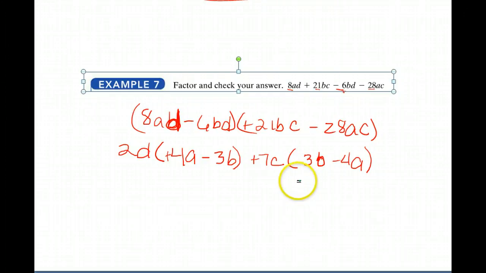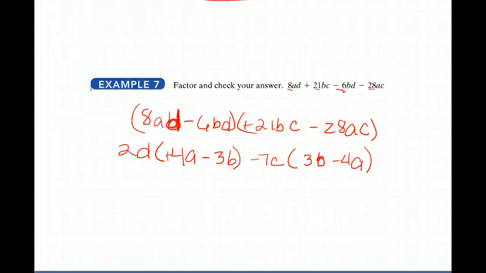It's not quite right. What did we learn that we could do in order to flip signs? If we were to have taken out a negative 7, 21 divided by negative 7 would have given me a negative 3, and negative 28 divided by negative 7 gives me a positive 4.